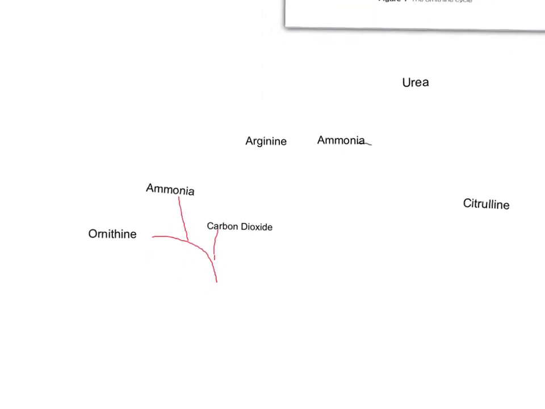So the carbon dioxide feeds in, and the ammonia feeds in, and they react all together to form a molecule called citrulline.